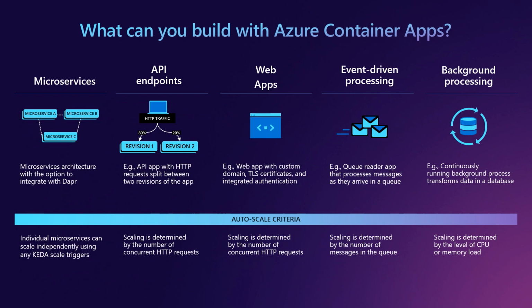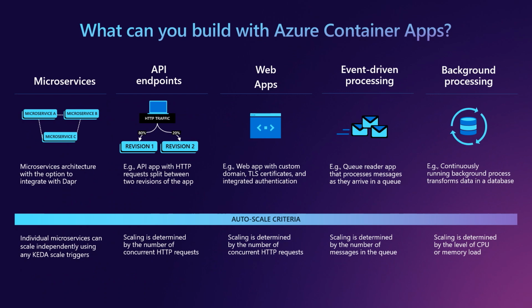And you can also develop and deploy standard web applications as well as web APIs to Azure Container Apps. You have access to things like custom domains, TLS certificates, as well as integrated authentication. And all of these apps can scale based on the number of concurrent HTTP requests that you're receiving, and you can configure that per app.